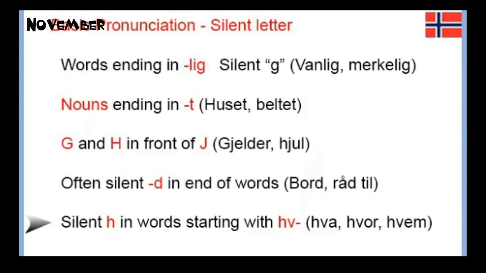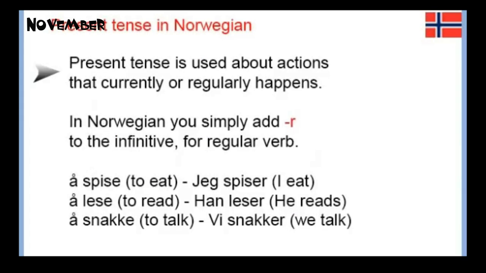Hva, hvor, hvem. We will go through more of the pronunciation naturally as you follow along with the classes, and we will provide more audio. For now, these are just brief rules. But now we will go to verbs in the present tense.